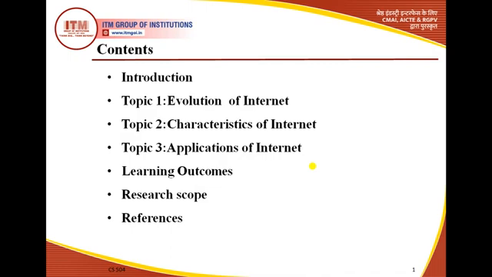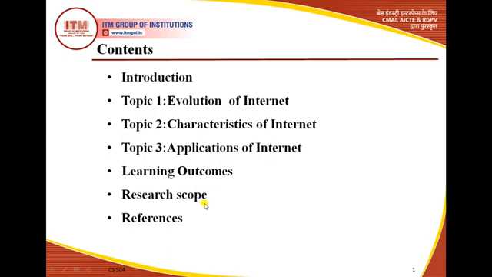Finally, we will study the student effective learning outcomes, which will help us relate certain topics to certain points which we will be able to infer after studying all these above mentioned points.